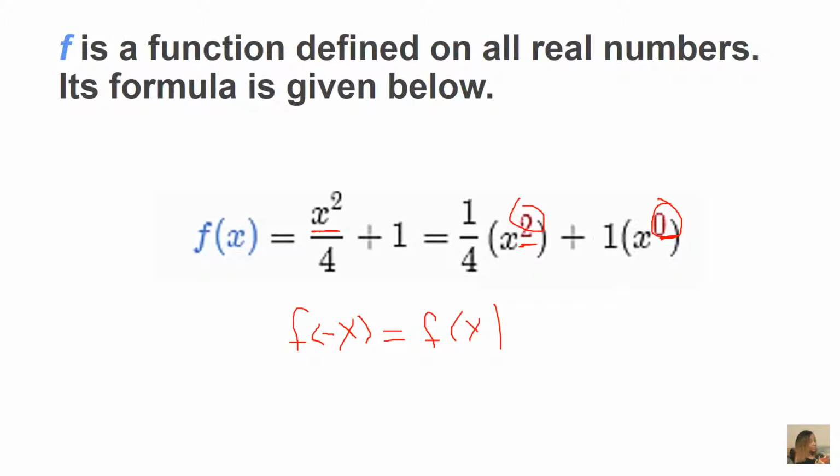If you were to plug in -4, -4 squared gives you 16 divided by 4, that'll give you 4. Again, plus 1 will also give you 5. So this is an even symmetric function.